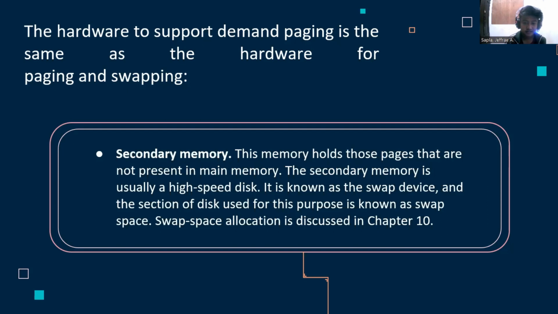Secondary memory: this memory holds those pages that are not present in main memory. The secondary memory is usually a high-speed disk. It is known as the swap device, and the section of the disk used for this purpose is known as swap space. Swap space allocation is discussed in Chapter 10.